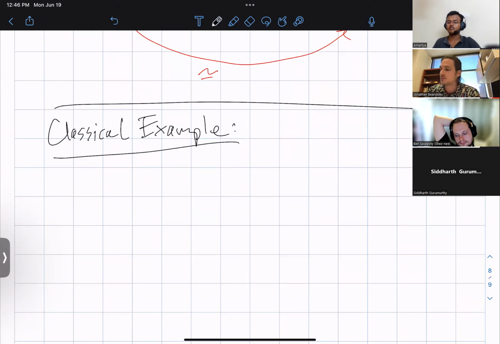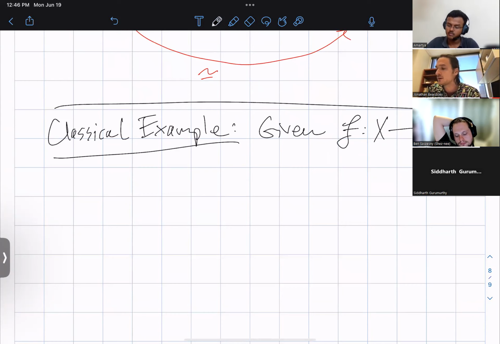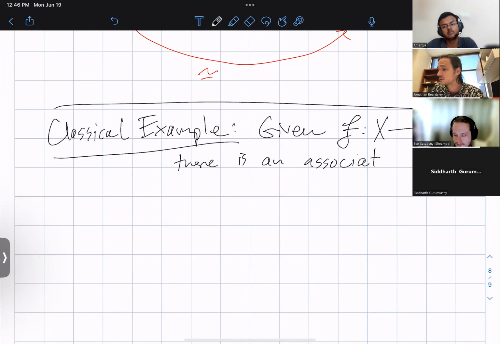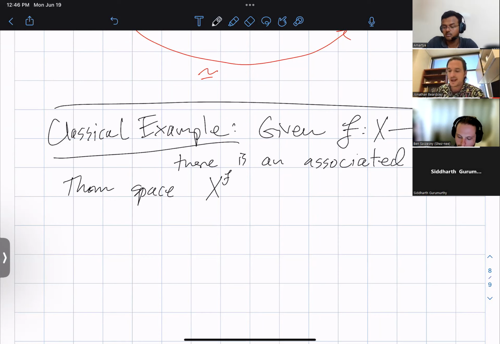The classical example is that you start with some bundle f, some real vector bundle on X. This has an associated Thom space, X^f.